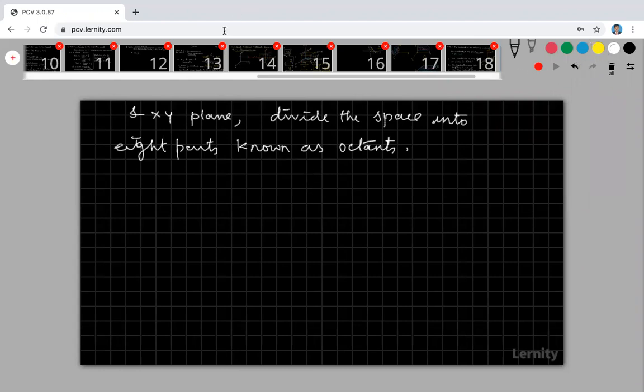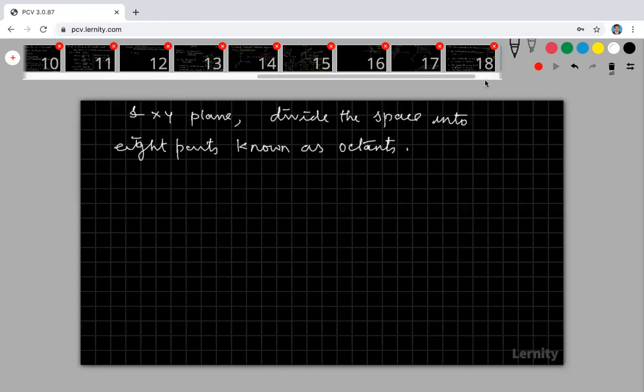Now we are going to discuss the sign of the coordinates in the octants. Take A, B, C for anything, not only the x-axis.